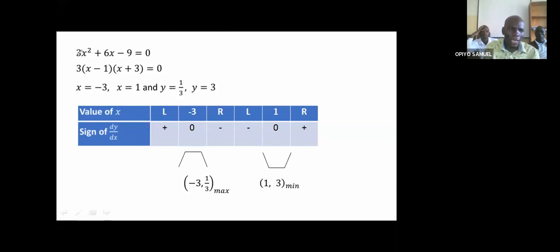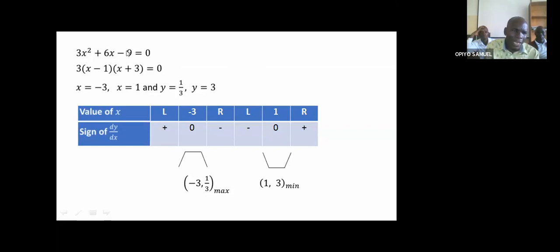In other words, to determine the sign of dy by dx, we need to go back to the derivative of the function. But the derivative of the function simplified, the numerator simplified to this part here.